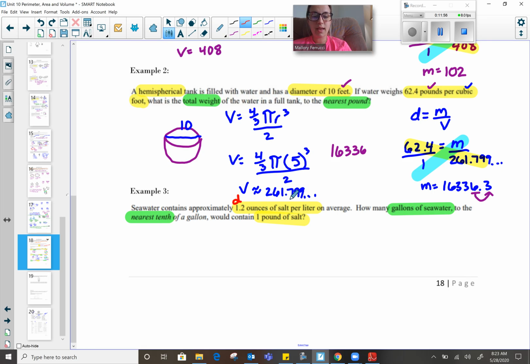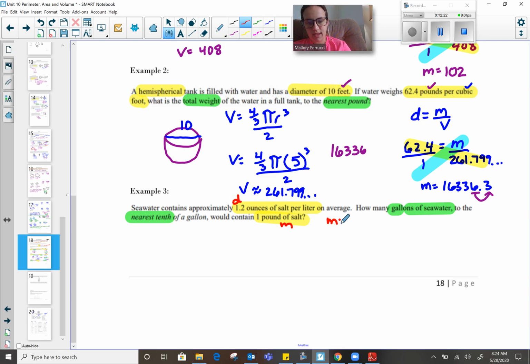So then 1 pound of salt would actually be the mass. And then we want gallons. Here's the issue: we have a pound of salt, but this is ounces per liter. So I am going to have to convert the pounds to ounces.